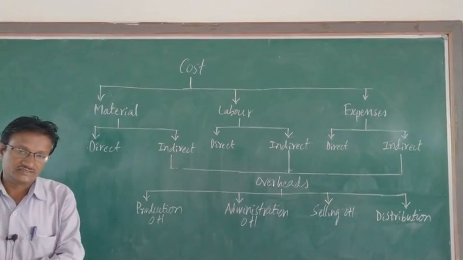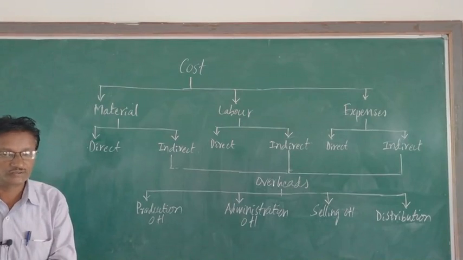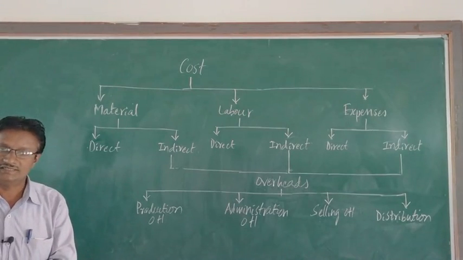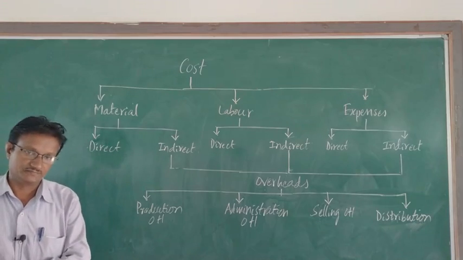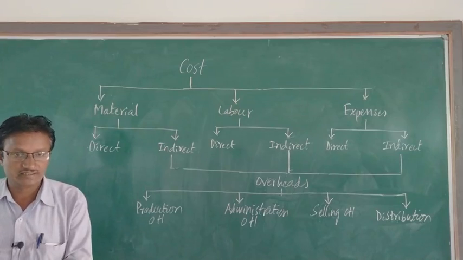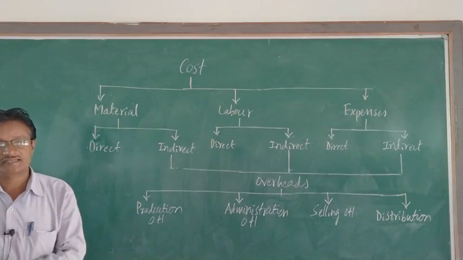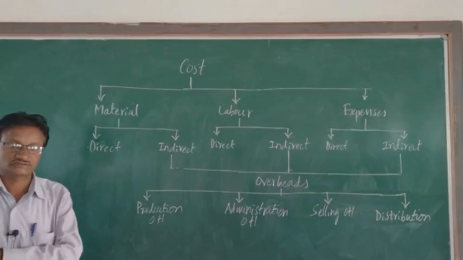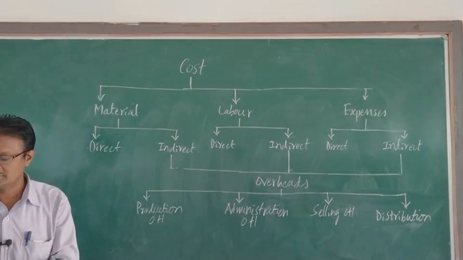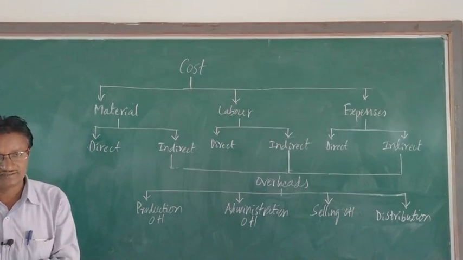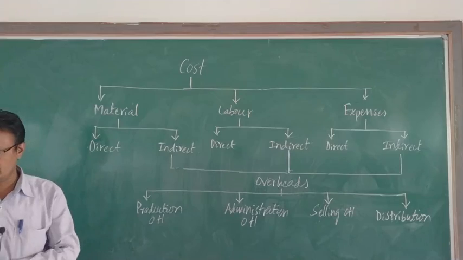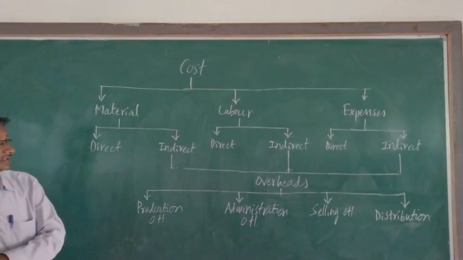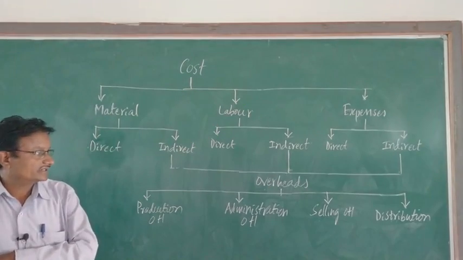tailor, that means remuneration paid to a tailor in stitching the garment is direct wages. Next, shoemaker, the remuneration paid to a person who is directly engaged in preparing shoes is called direct wages, like carpenter, weaver, etc. These are the examples of direct labor cost. Then, what is indirect labor?